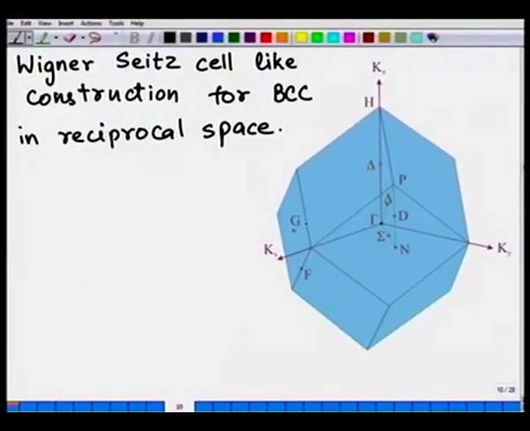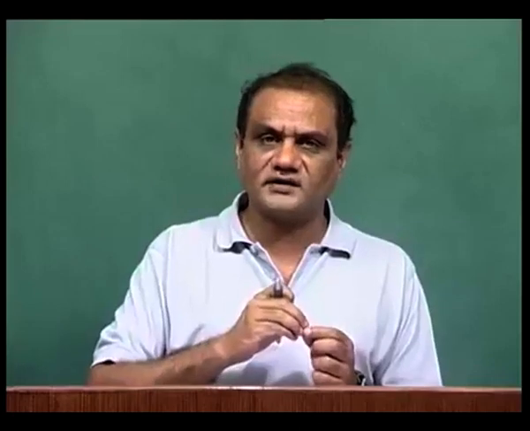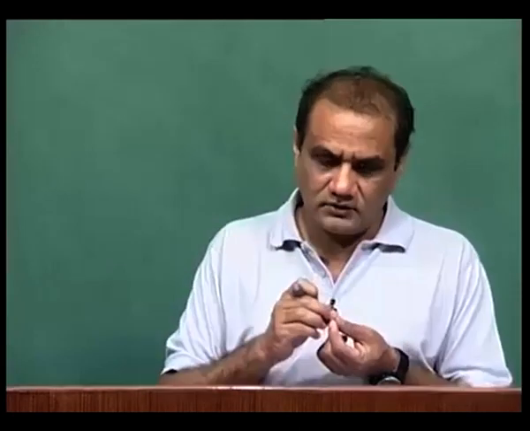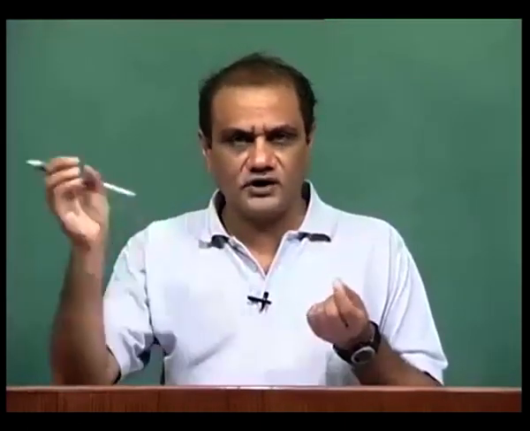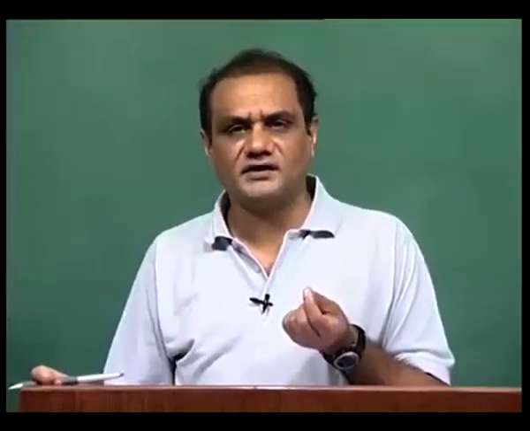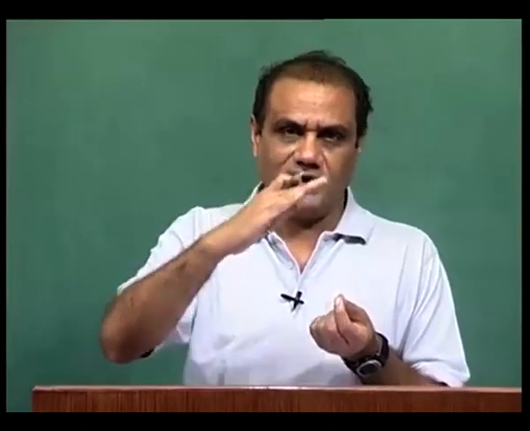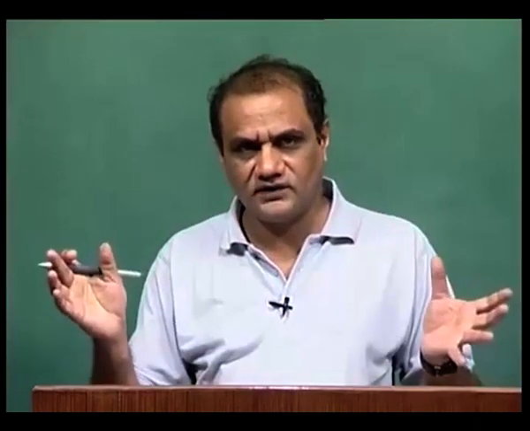I will come back to this page and note the construction has already been shown to you: take any lattice point, draw vectors to all the infinite number of lattice points which are there. So, you keep drawing them. For every vector, draw a perpendicular bisector plane. At the end of it, imagine you have drawn these infinite number of planes.